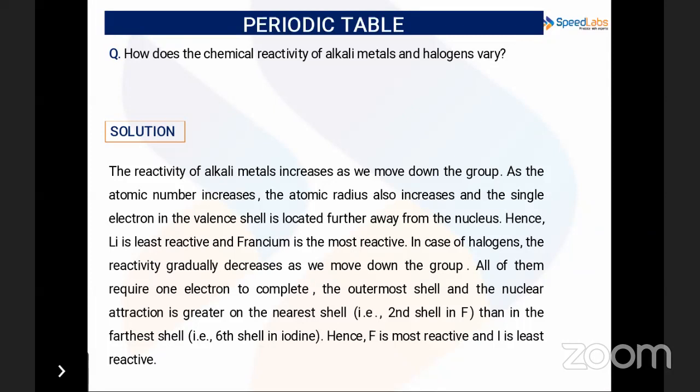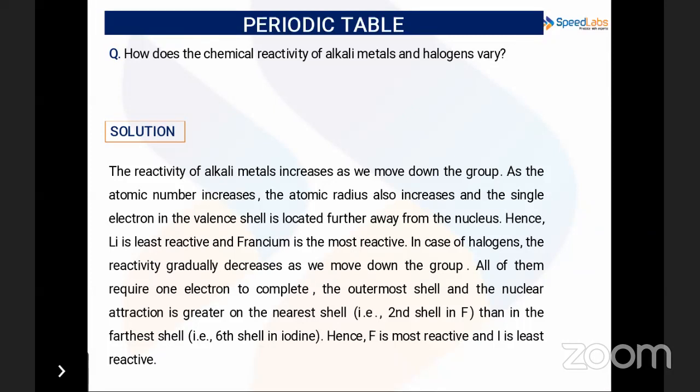So the nuclear attraction is greater on the nearest shell. Now if we talk about fluorine, which is the nearest shell? The second shell. And which is the farthest shell? Iodine. As we go from top to bottom in the periodic table, in the case of halogens, iodine will have the sixth shell as the outermost, right?